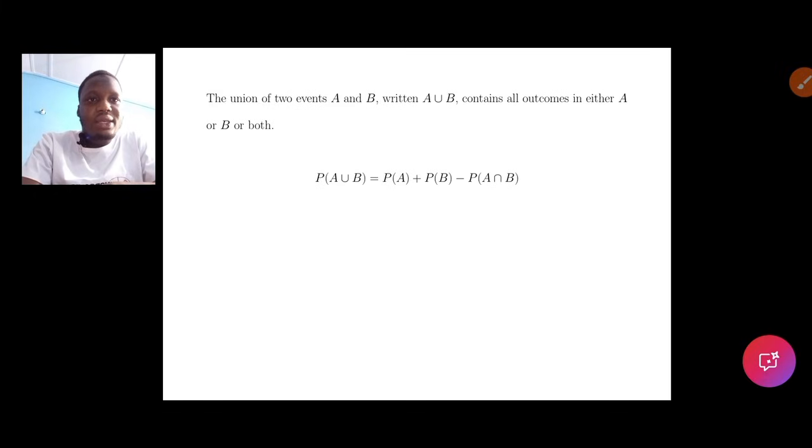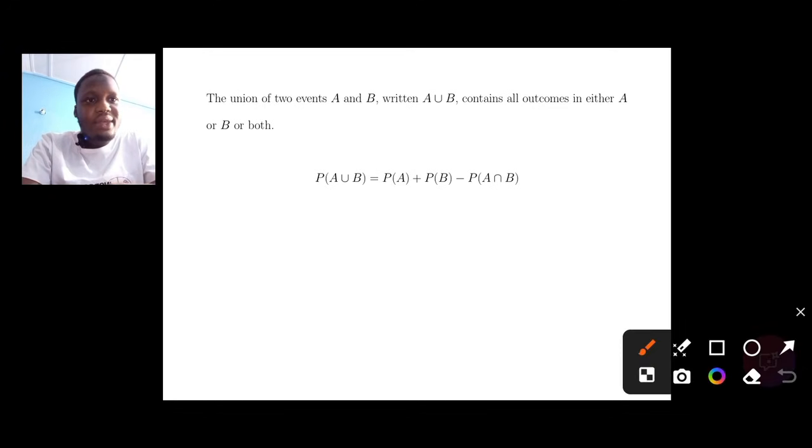So written as A union B contains all outcomes in either A or B or both. And this is the core of what union actually talks about. Either A or B or both. Either in A or in B or both of them. That is what union talks about.